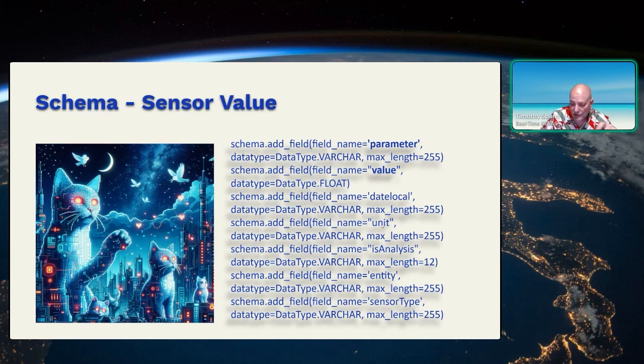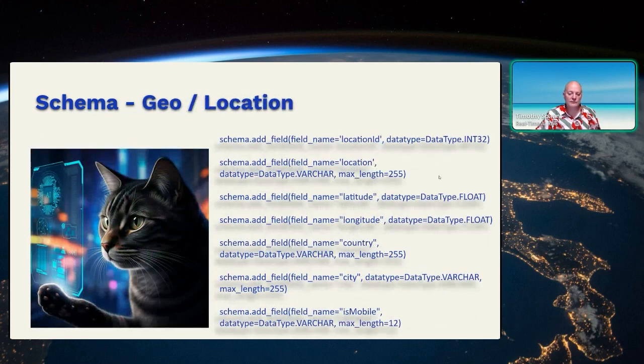We got the unit. If you have the parameter, you can pretty much imply the units, but it's good they send that. They have a couple other values that come in the REST endpoint, so we might as well store them: analysis, entity, and sensor type. And we just keep them along as extra data in our schema. Now, this schema is specific to Milvus. Other databases may be slightly different, but just to keep it straightforward.